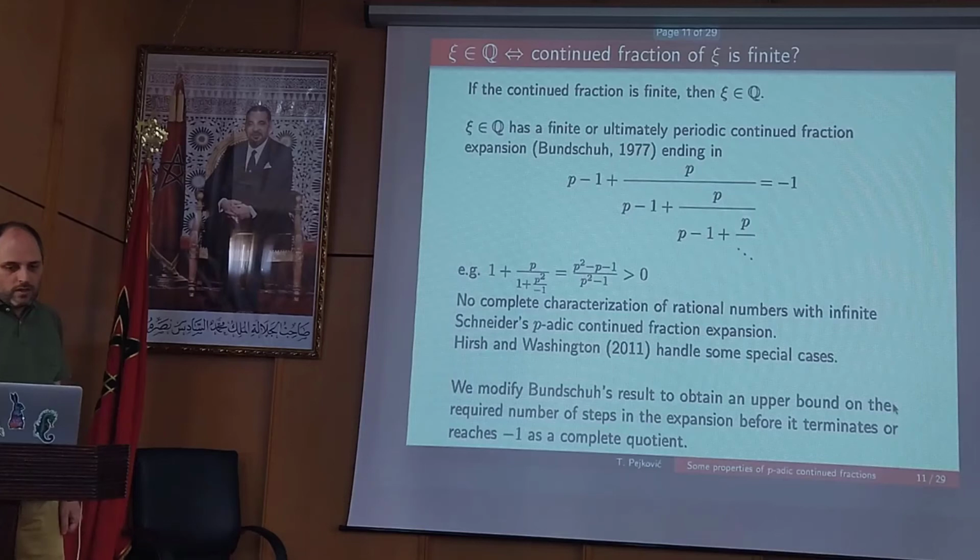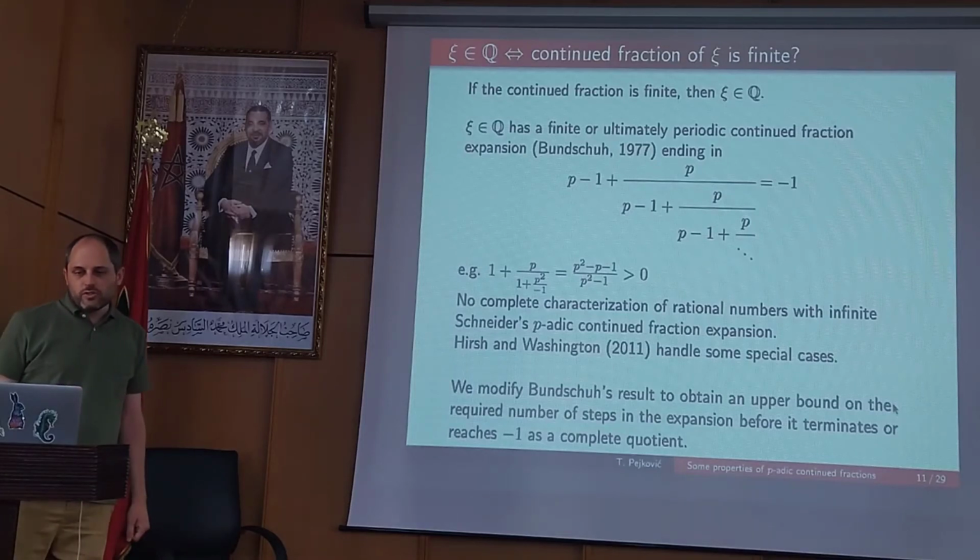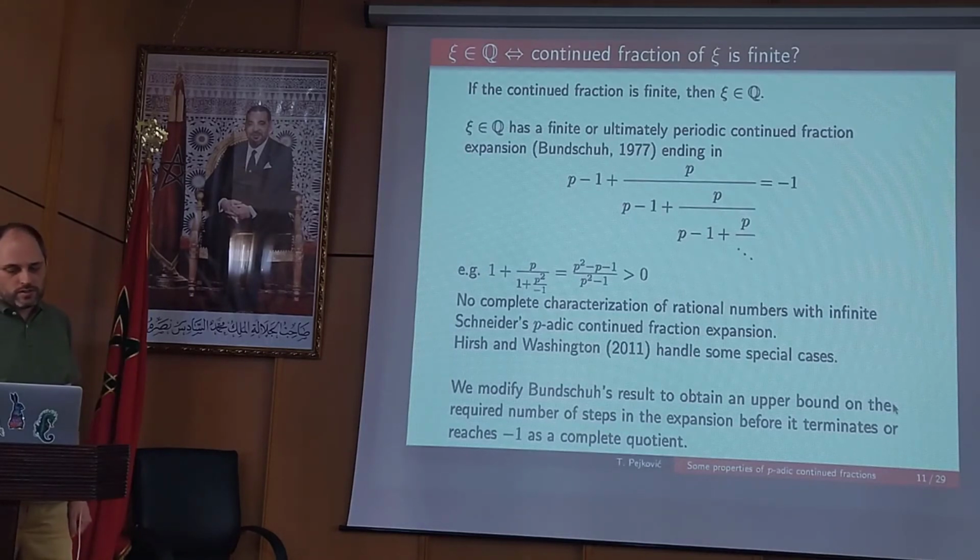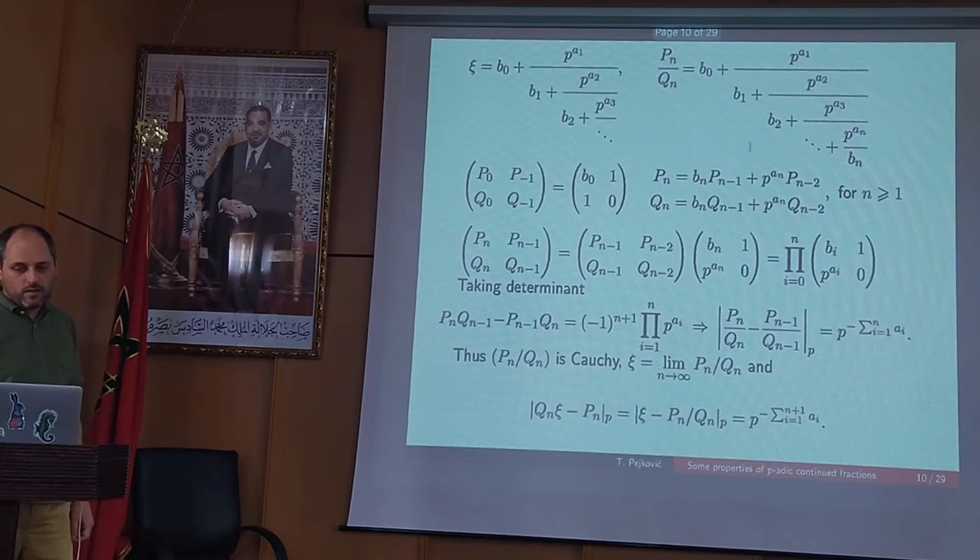Okay. So the first property that I mentioned is that, as in the real case, the continued fraction expansion is finite if and only if this number is rational. Obviously, if the continued fraction expansion is finite, then this number is a rational number.